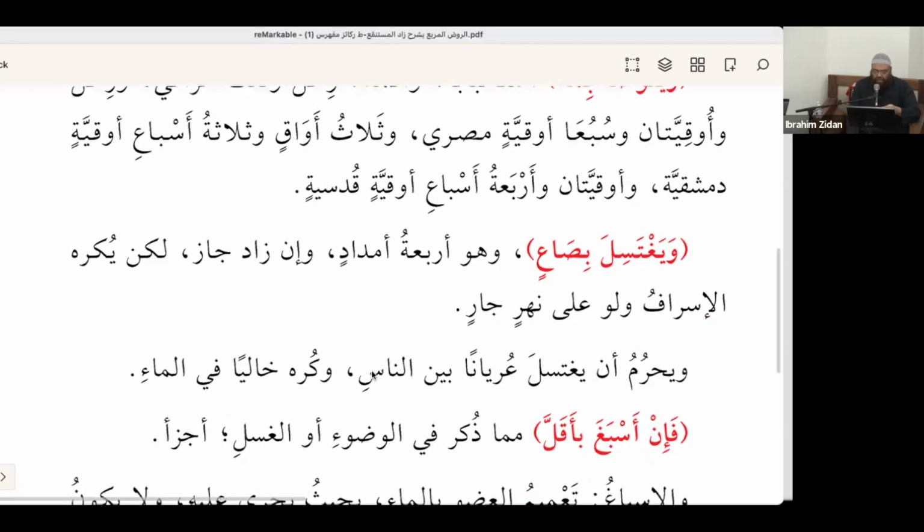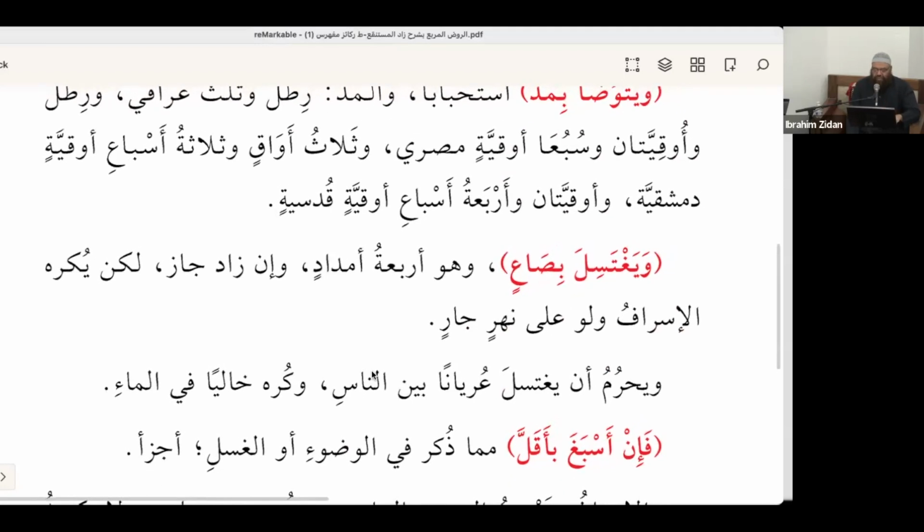والمد رطل وثلث عراقي ورطل وأوقيتان وسبع أوقية مصري وثلاث أواق وثلاثة أسباع أوقية دمشقية وأوقيتان وأربعة أسباع أوقية قدسية. So all of the different ways of volume, and I think I have it.